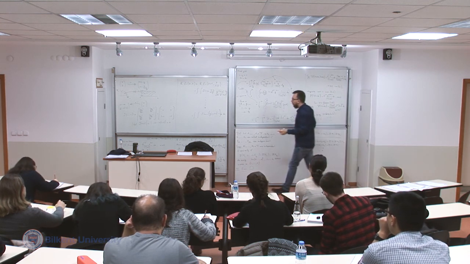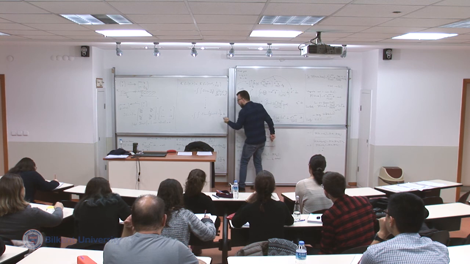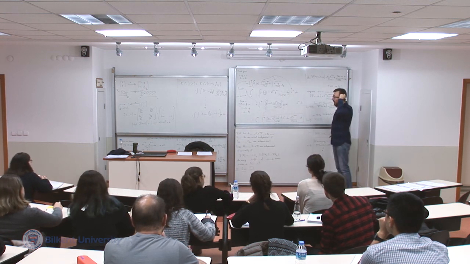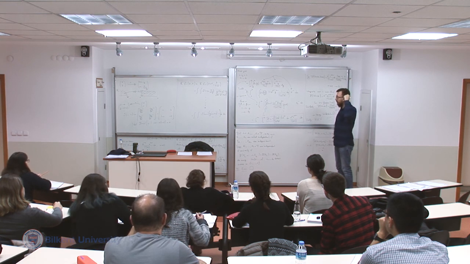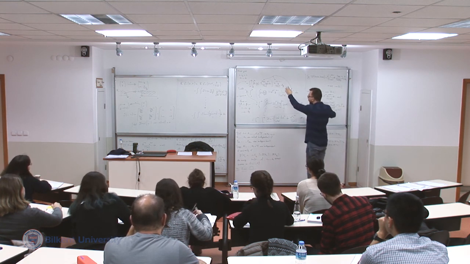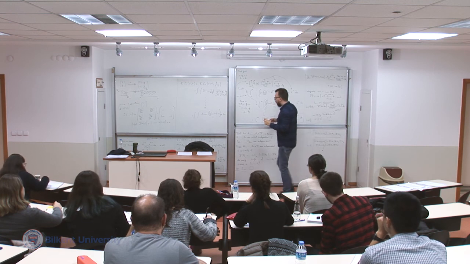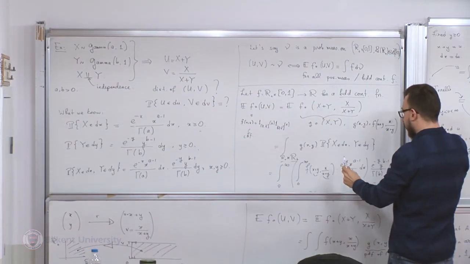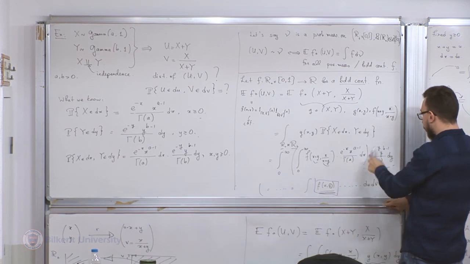And now this is your new probability density function of the vector u, v, which is, of course, you don't need to do all those substitutions, because what is g? Well, g is just this, right? This times this.